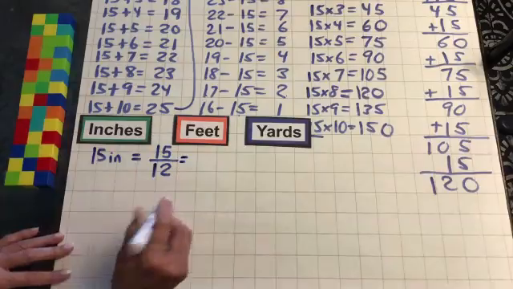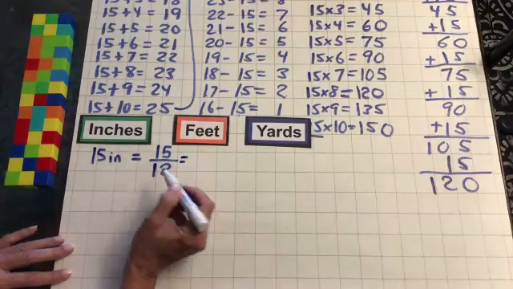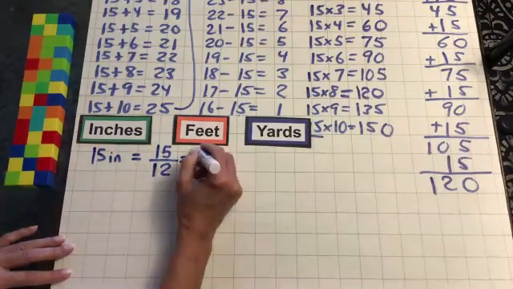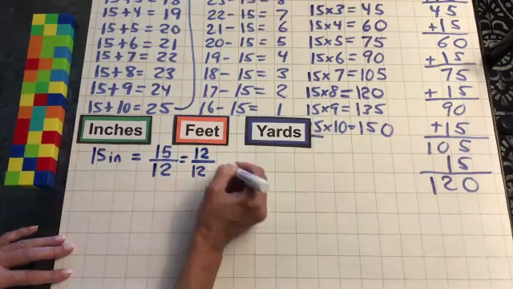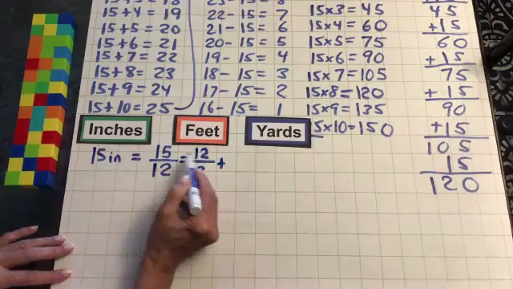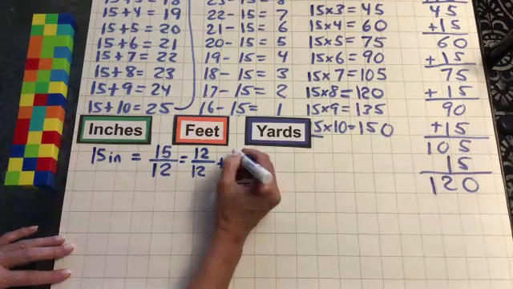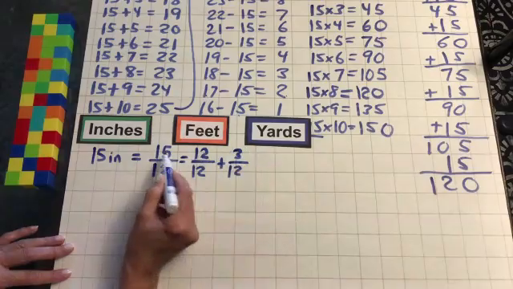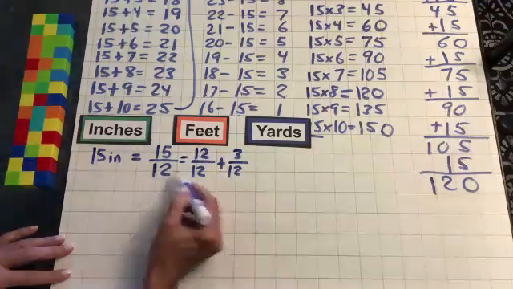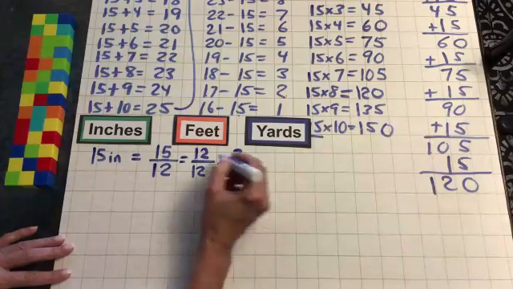Now we look at this and we can take it apart. So we're going to take 12 out of the 15. So we're going to put 12 here over 12 plus, and 12, 15 minus 12 is 3. So we still have 3 over the 12. So 12 plus 3 is 15. The denominator, the bottom number, stays the same.